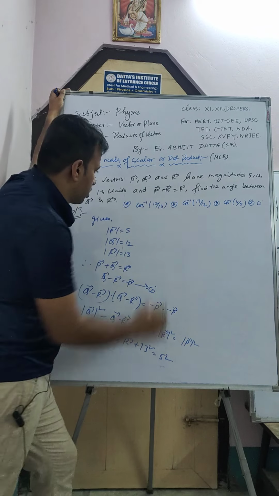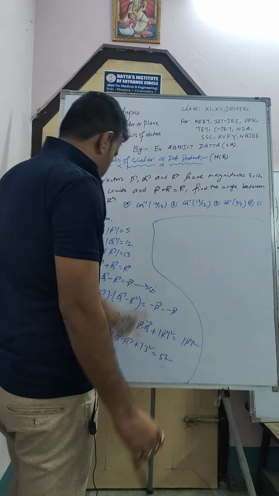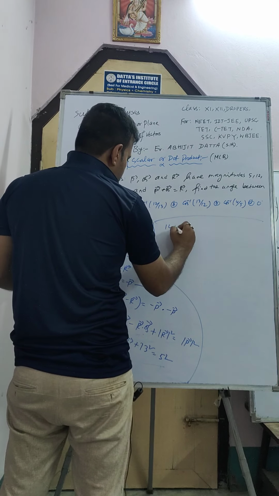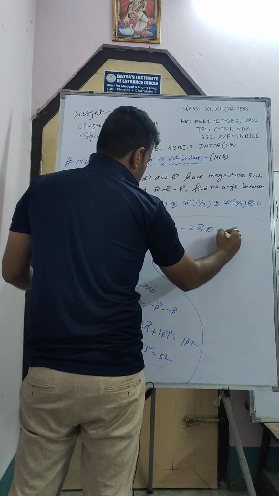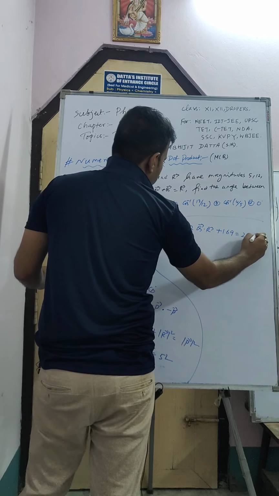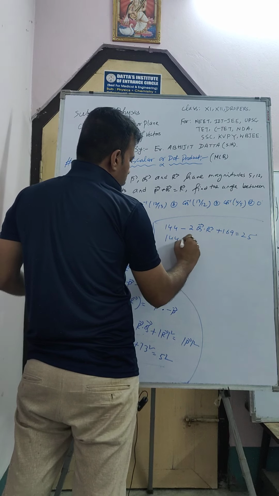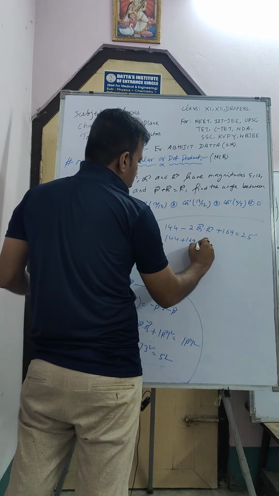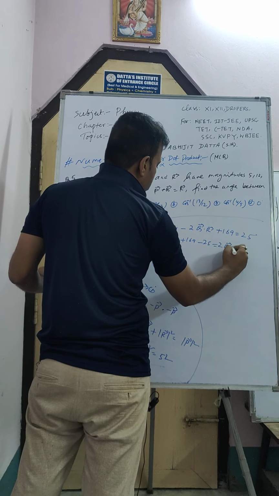Okay, now we have to find the angle. It will be 144 minus 2 into q dot r plus 169 equals 25. So 144 plus 169 minus 25 equals 2 q dot r.